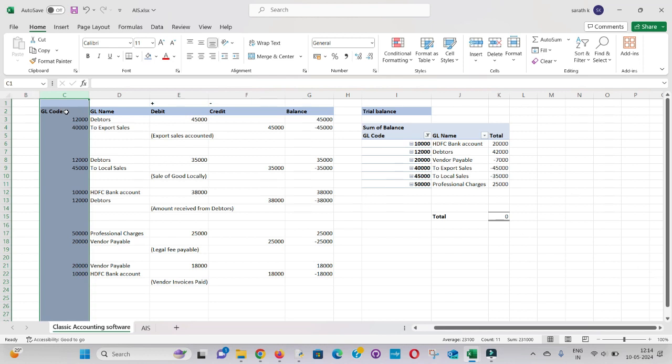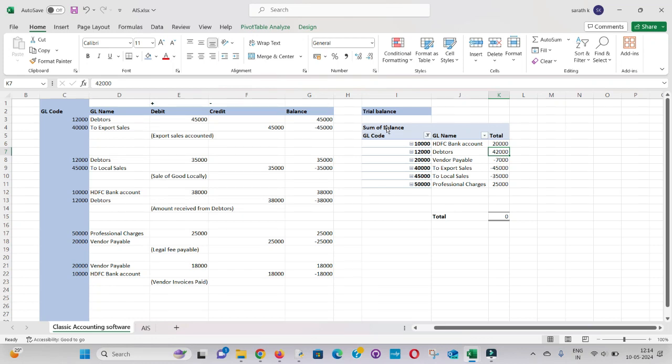So if I group, you can see this 12,000 debtors account has a balance of 42,000. This is how any accounting software works. It groups your transactions by one single parameter called GL code.